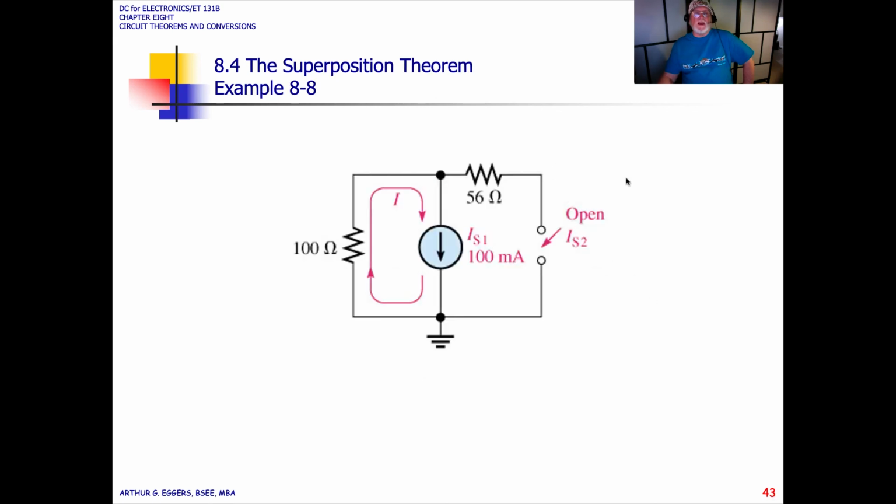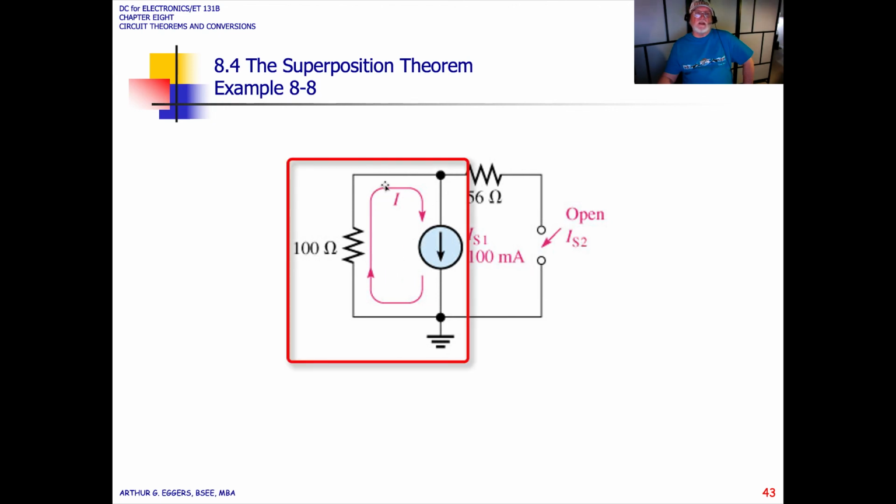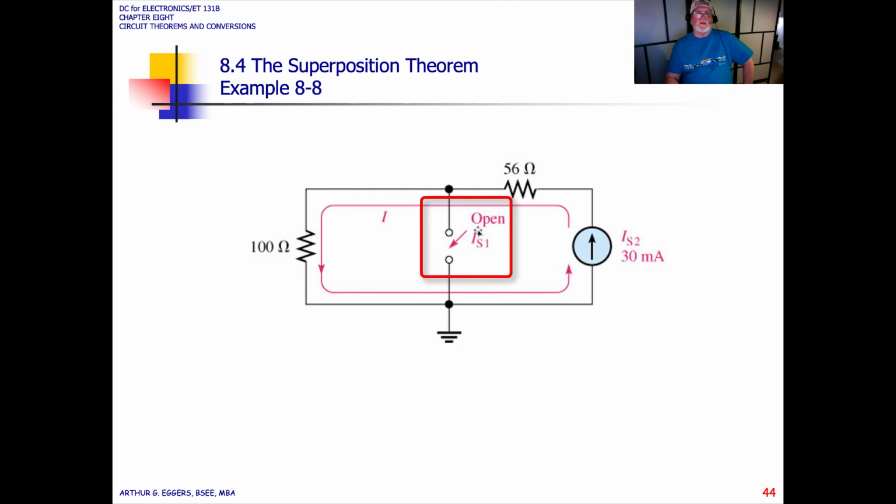To do this, we're going to open I source 2 and calculate the current on this side of the relationship. Then we're going to open I source 1, putting I source 2 back in, and notice now we've got a current that goes all the way around the outside of the circuit.